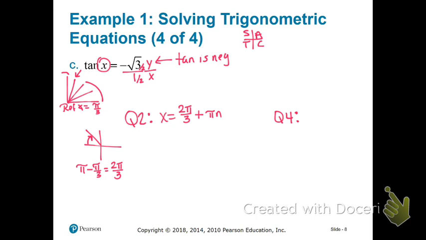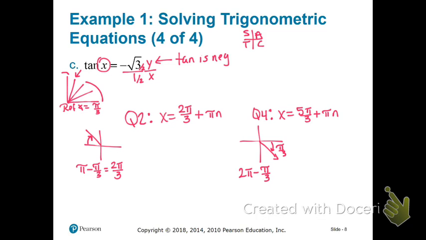Don't box it yet. We're going to come back and talk about something on this one. Tangent and cotangent are special. What about quadrant 4? So in quadrant 4, I'm just moving it over a little bit here. Quadrant 4, my angle's right here. So I'm pi over 3 from 2 pi. So 2 pi minus pi over 3. 5 pi over 3. So my angle is equal to 5 pi over 3 plus pi n, right?